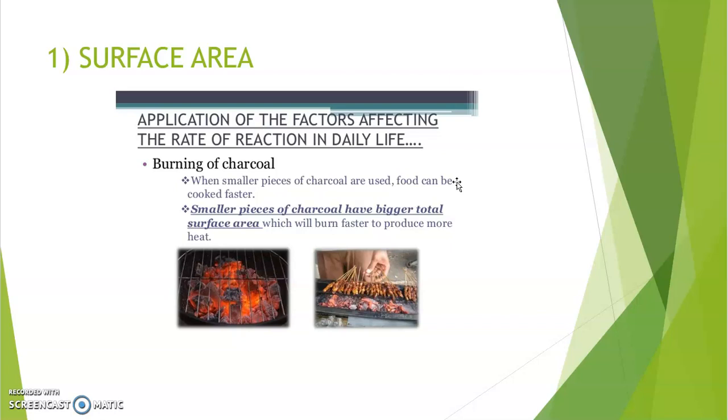When smaller pieces are used, cooking can be a lot faster. So smaller pieces lead to more surface area, so greater rate, increased rate of reaction. It will be faster. Let's check another example.